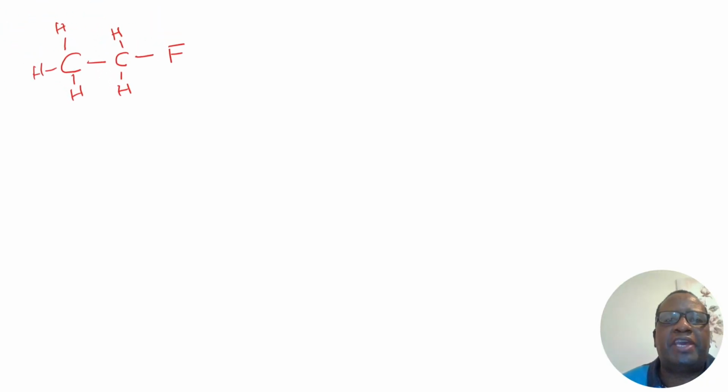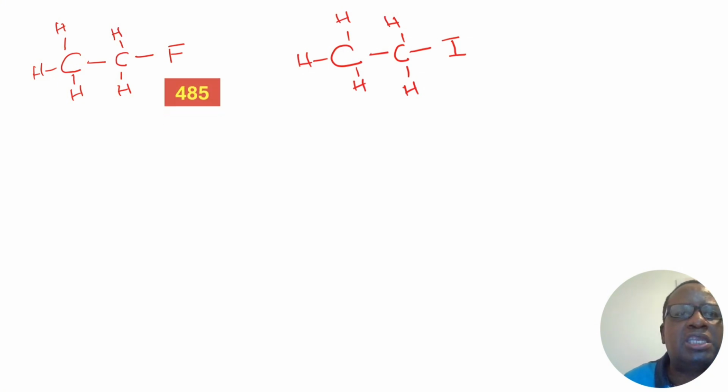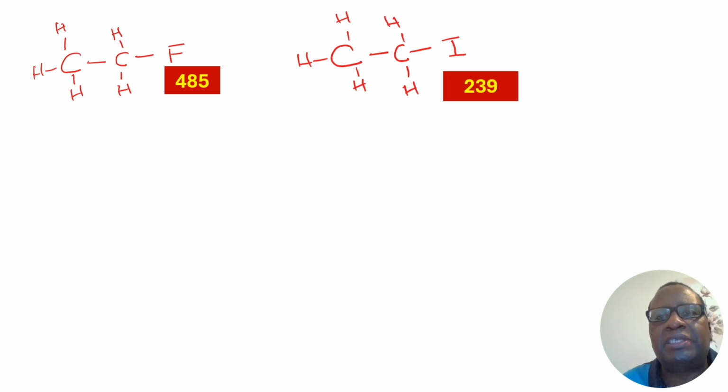Now then, if we have fluoroethane and iodoethane, which one gives a faster reaction in terms of nucleophilic substitution? Pause the video and think. Right, for this one, we have to look at the strength of the C-halogen bond, and we will notice that the C-F bond is 485 kilojoules to break, the bond enthalpy, and the C-I bond is 239.